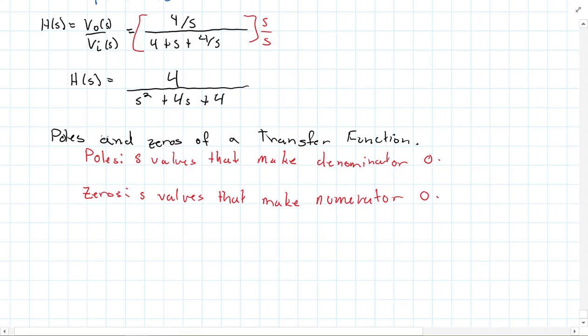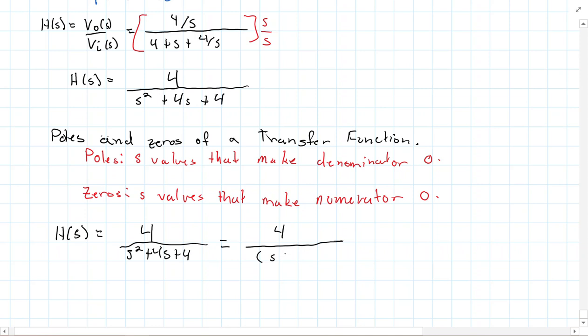So if I look at that here, I have my transfer function H of s is equal to 4 over s squared plus 4s plus 4. In general, you're going to want to factor these as much as possible.